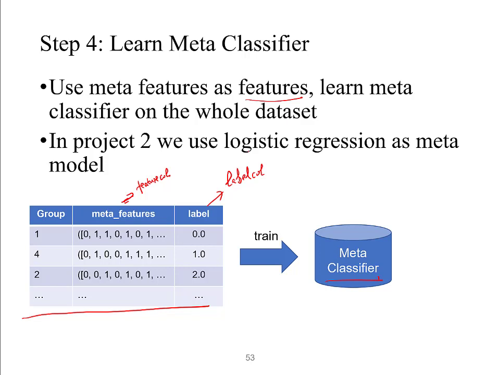So we don't need to convert the labels into label 0, label 1, and label 2. We can just use the labels here, right, to build this meta classifier. And till now, we have built the meta classifier. Means we have finished the first phase, the training phase.